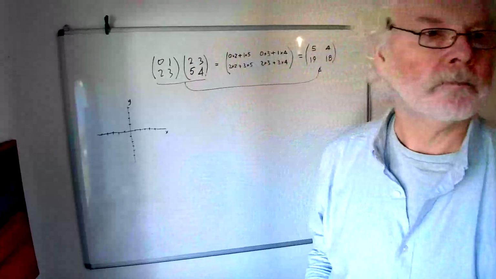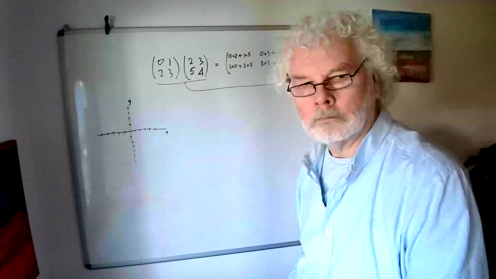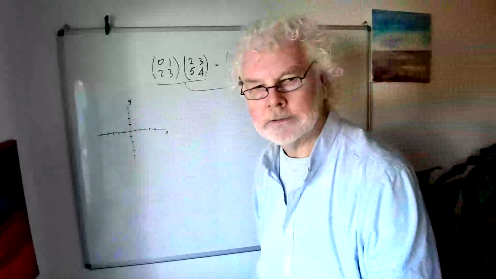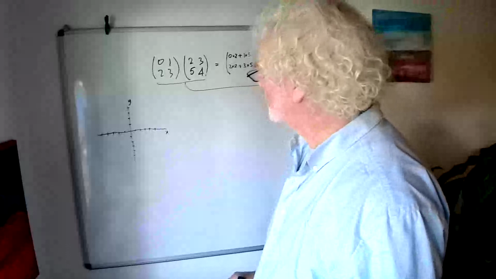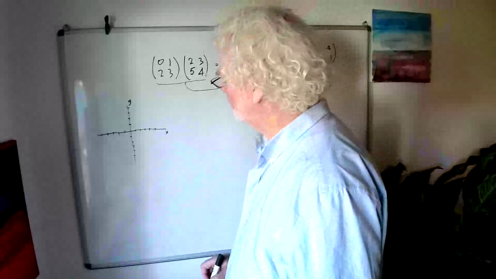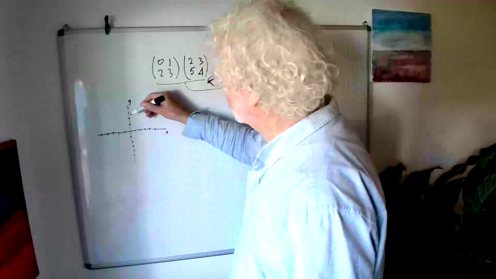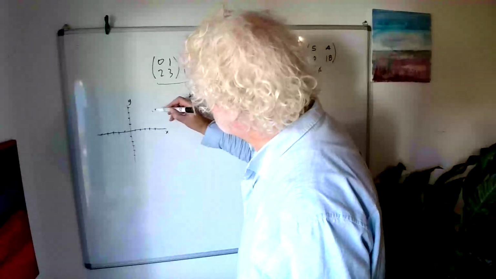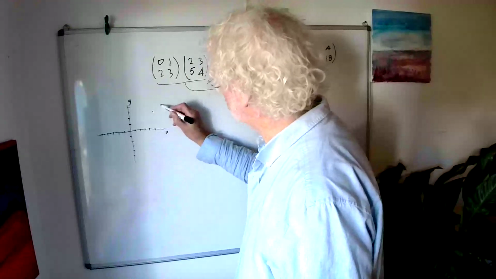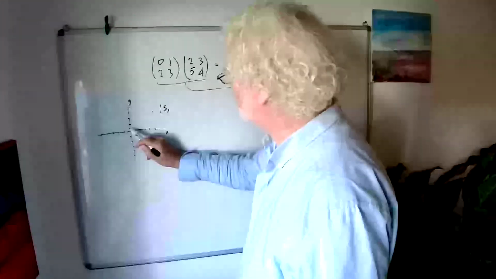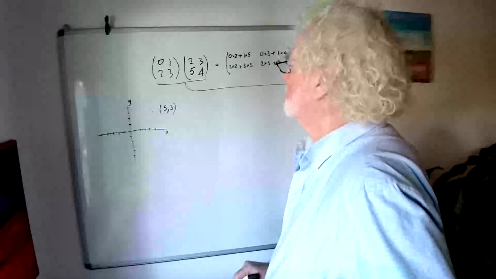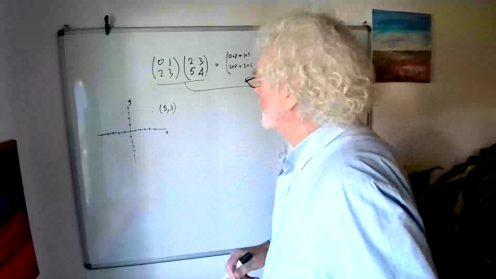Right. Now any point on this plane can be specified using 2 numbers, and so for example, this point here we'd write as 5, 3. And you can do this with any point on the plane.